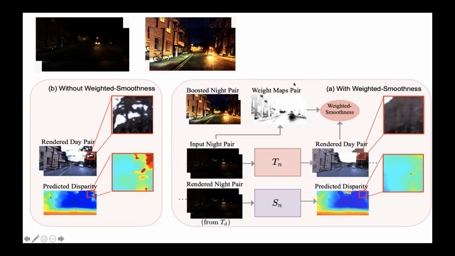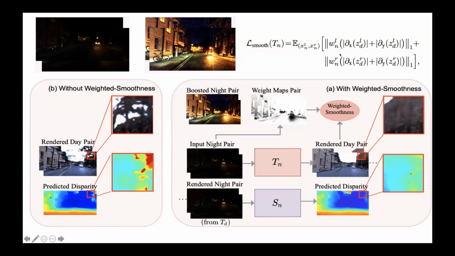So we put more weight on the low light, and we smooth the area where the weight is high, meaning the intensity is low. This is how we define our smoothness, using simple gradients. Then we impose this during the training, and it works. So now it becomes basically a smoothness constraint in the depth estimation.